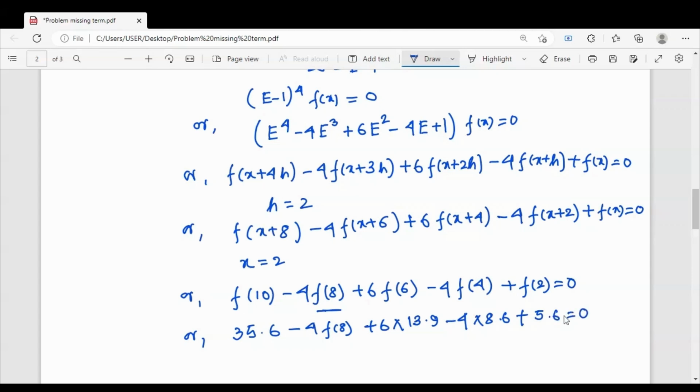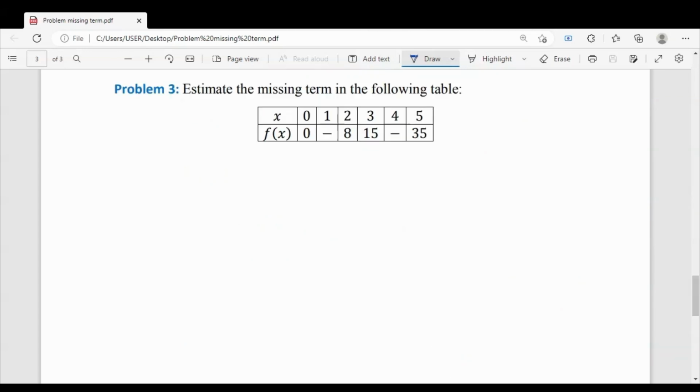Now if you simplify this relation, we get the value of f of 8. So f of 8 will be equal to 22.55. This will be the answer. Next problem.